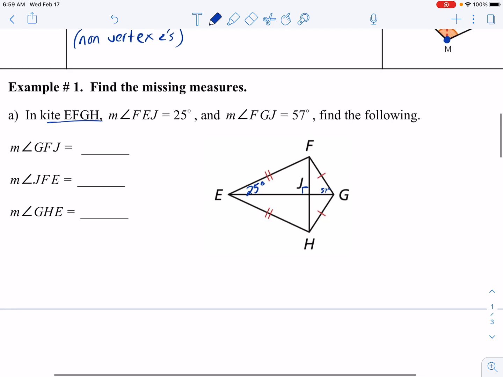And we want to find GFJ, which is right here. We also want to find JFE, here. And then we want to find GHE, this whole angle.